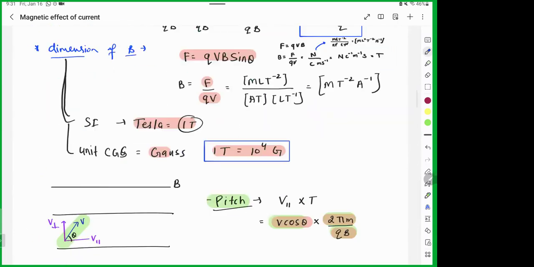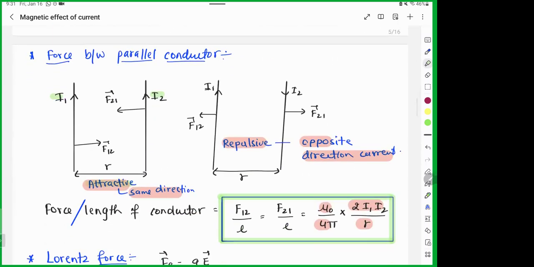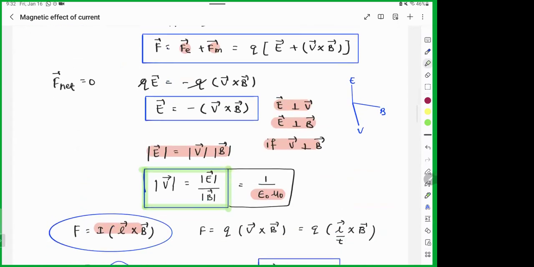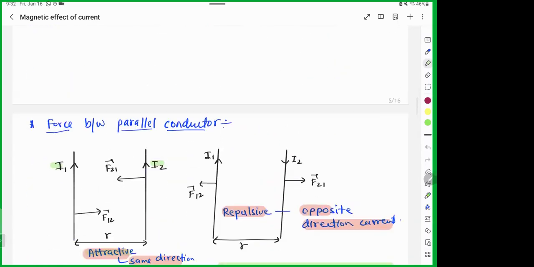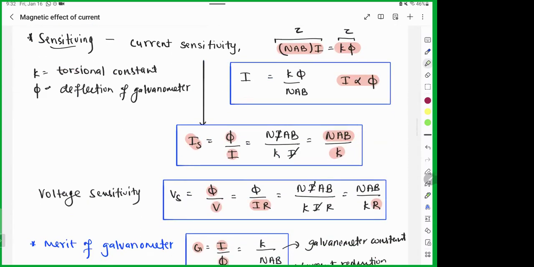So this is done. SI unit of magnetic field is Tesla, and CGS unit is Gauss. 1 Tesla is equal to 10 raised to power 4 Gauss. We will do this later. Now we can move to force between parallel conductors, Lorentz force, torque, and moving coil galvanometer.